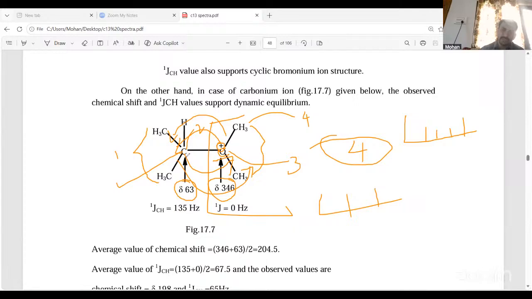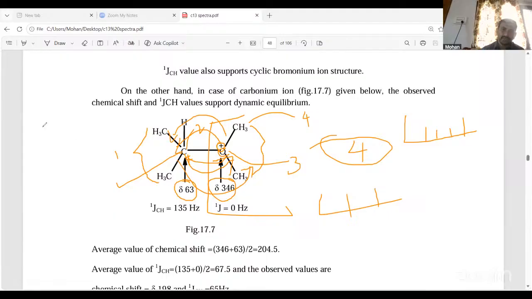Sometimes the positive charge exists on this carbon, and sometimes it exists on this carbon, right? So it is the shifting of this positive charge from this carbon to this carbon that is taking place. Due to this shifting, the instrument is giving only two signals here, because it is a rapid interconversion.